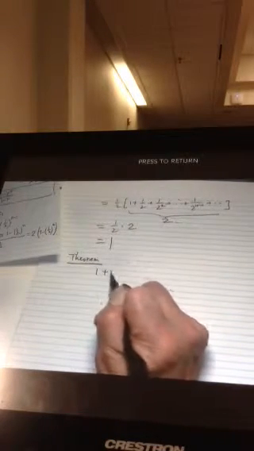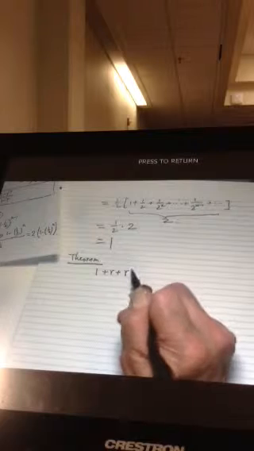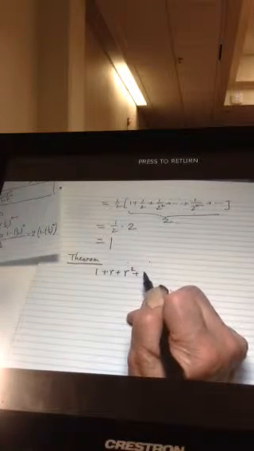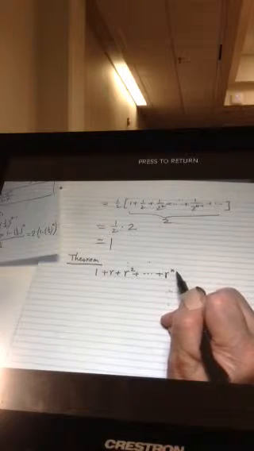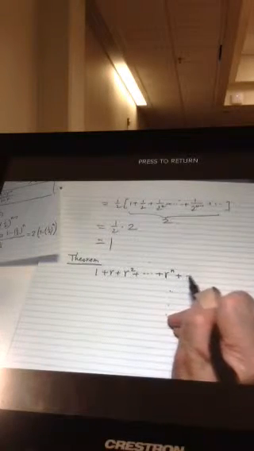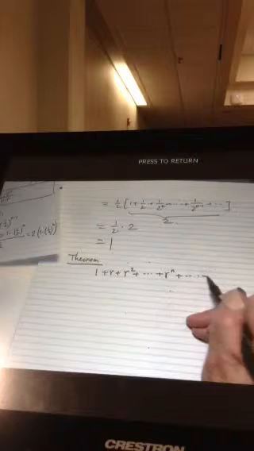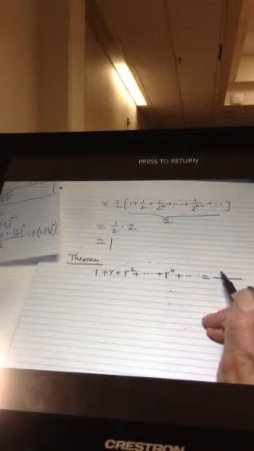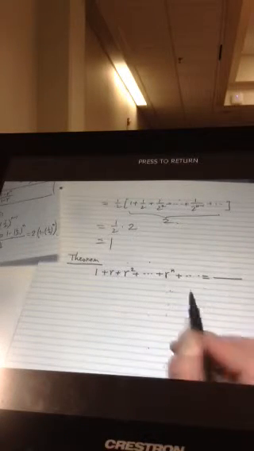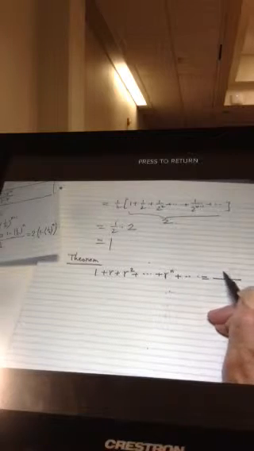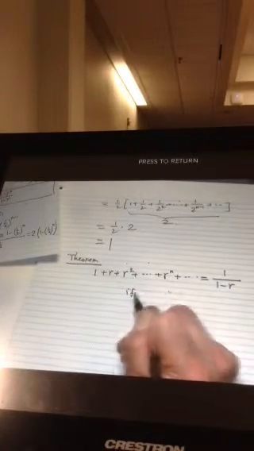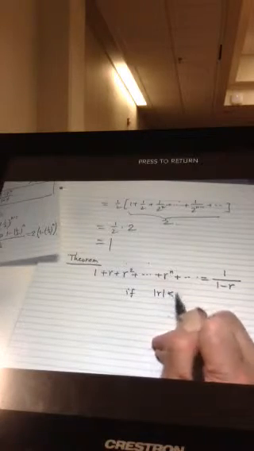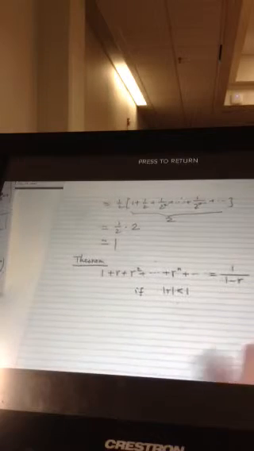If I'm adding up infinitely many terms, this will be equal to 1 over 1 minus r, if the absolute value of r is less than 1. Okay, why is this true?